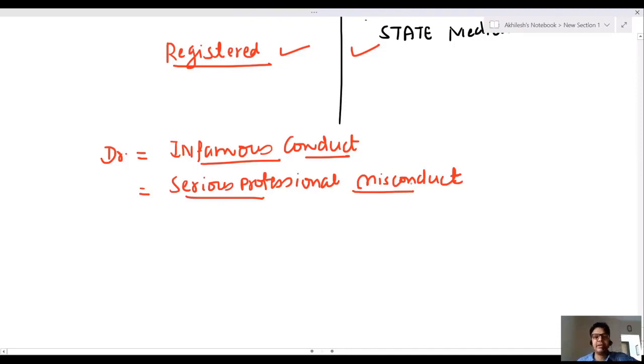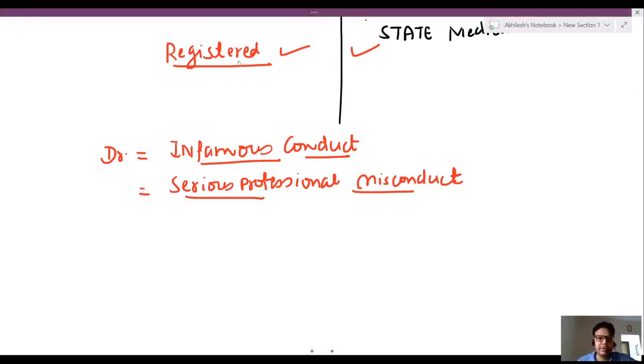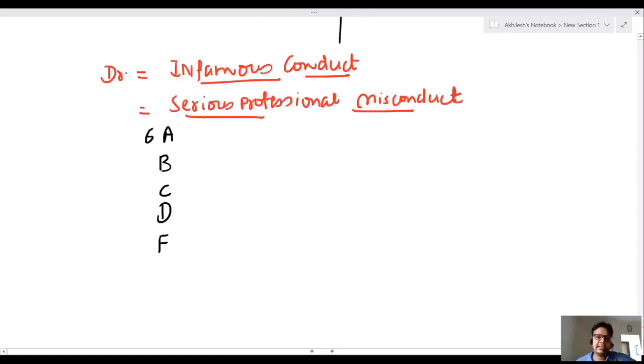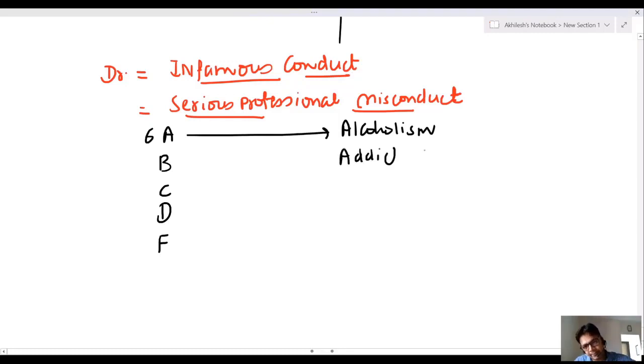Now, what are the infamous conducts where a doctor is involved? You can remember 6A, I'll discuss B, C, D, F. What are the 6A during practice? A for alcoholism. If during practice a doctor is involved in alcoholism, शराब पी रहा है. A for addiction, drug addict है.